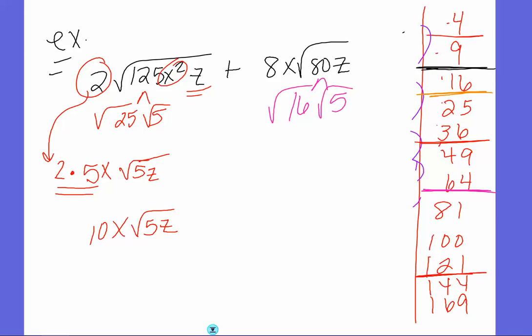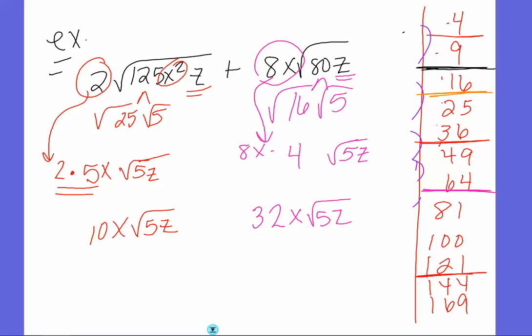Square root, square root. So I have 4 rad 5. This z can't break out because I can't divide it by 2. And I have to remember to bring 8x in front. The operation between those is multiplication because it's invisible. So I have 32x times the square root of 5z. I have my plus sign.